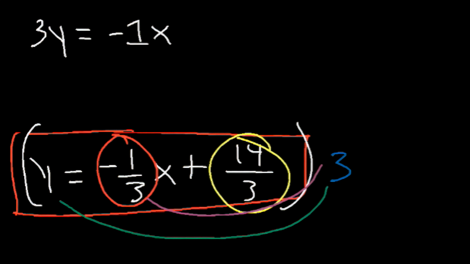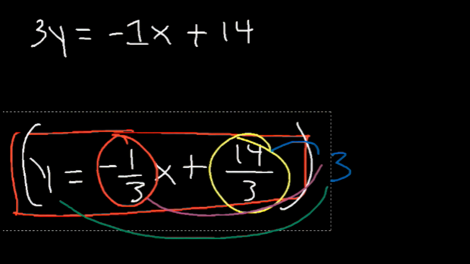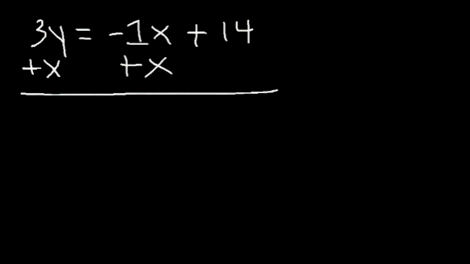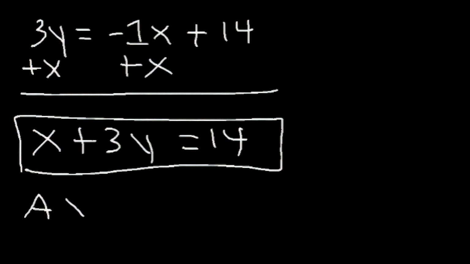And 3 times 14 over 3, the 3's cancel, so you just get 14. Now we need to move the x to the other side. So let's add x to both sides. The equation in standard form is x plus 3y is equal to 14. So now it's in ax plus by equals c form.